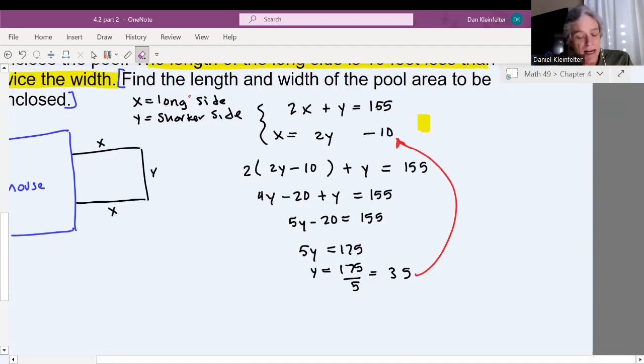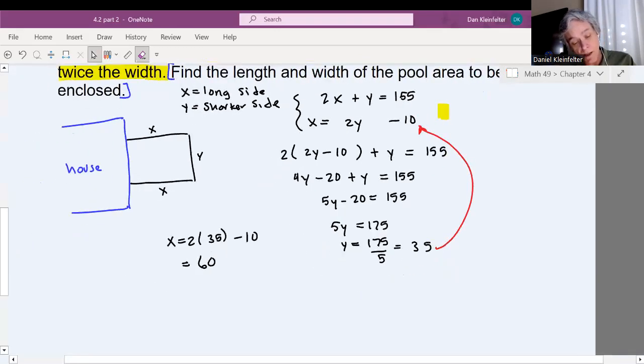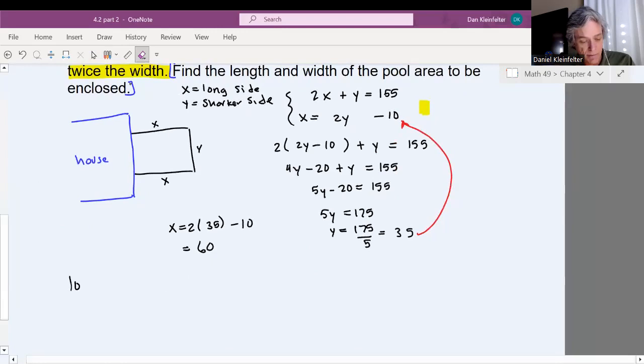Here's an equation that has x in terms of y. So x will be 2y minus 10. So that's 70 minus 10 or 60. So the long side is going to be 60, and the short side, 35.